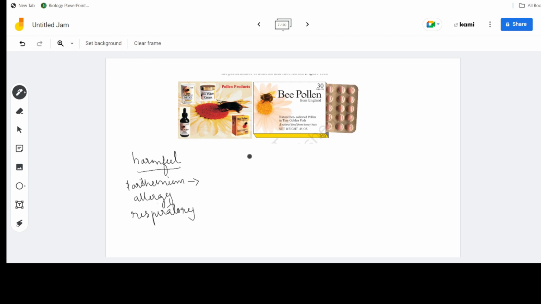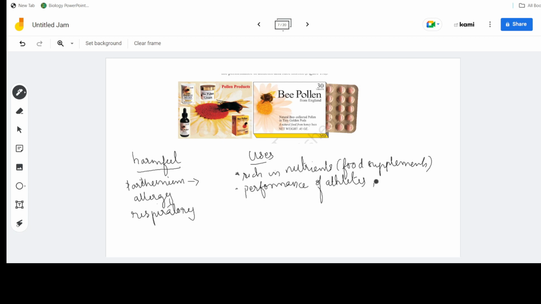Now, if you look at the usefulness of pollen grain, it is very rich in nutrients. You can see in this figure that bee pollen has come in tablets, so we can use it as a food supplement. It is found that it improves the performance of athletes and sometimes even race horses.